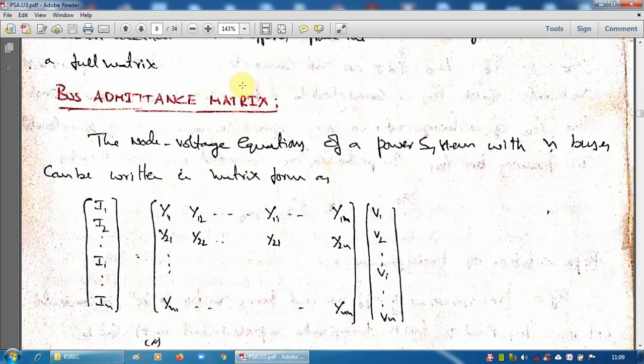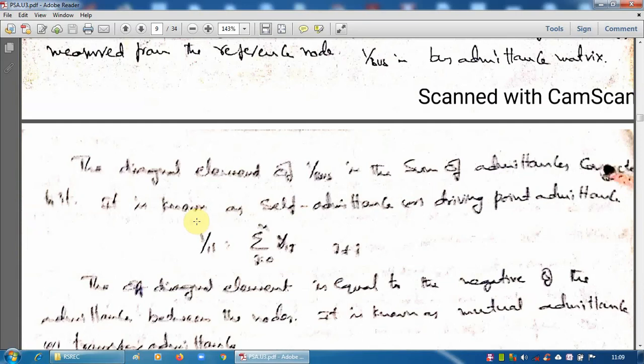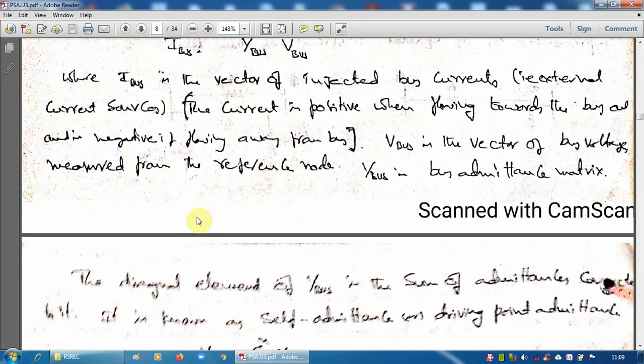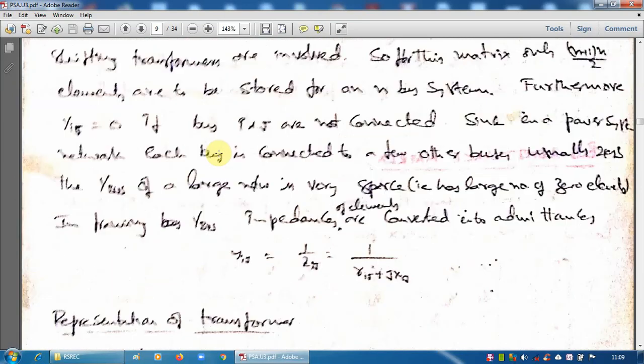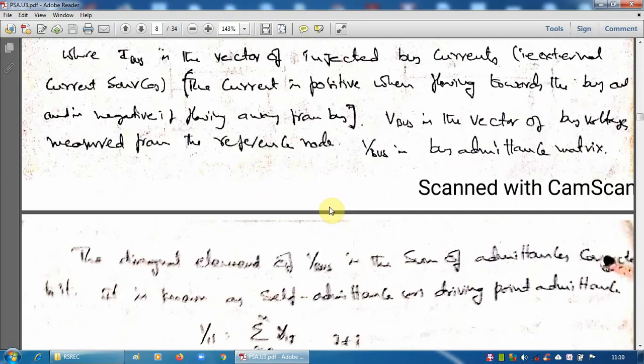So here again we have already seen the bus admittance matrix, Y bus, how to construct the Y bus and how to write Y bus for a given power system network if the line data in impedances or admittances form are given. We already did some problems also. Same thing is mentioned here.